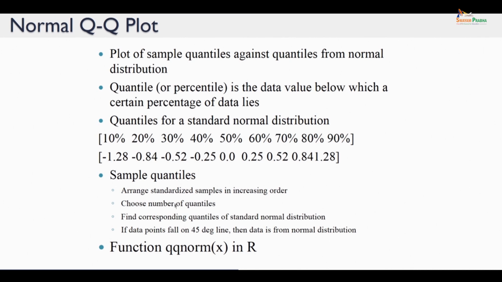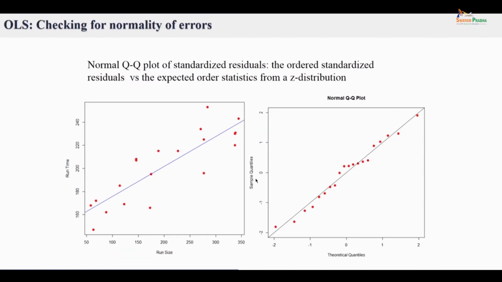So we have seen this before, I have only recapped it, and we can use what is called the qqnorm function in R to actually do it. If you give the data set x and ask it to do a probability plot, qqnorm will do this for you directly in R. So this is a sample QQ plot I have taken for some arbitrary random data set, samples drawn from the standard normal distribution, and you can see that if you do the normal QQ plot for the residuals after fitting the regression line, it seems to closely follow the 45-degree line.